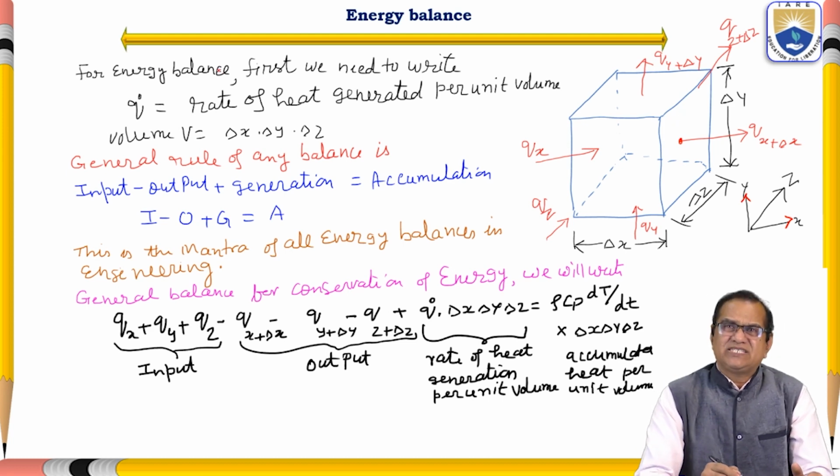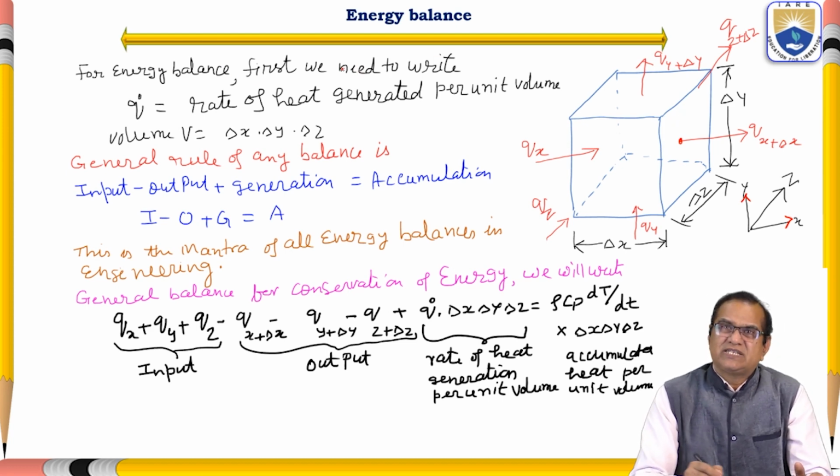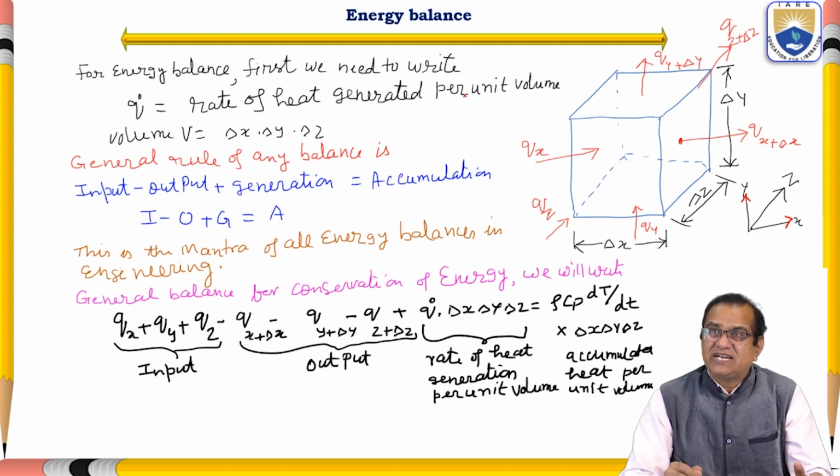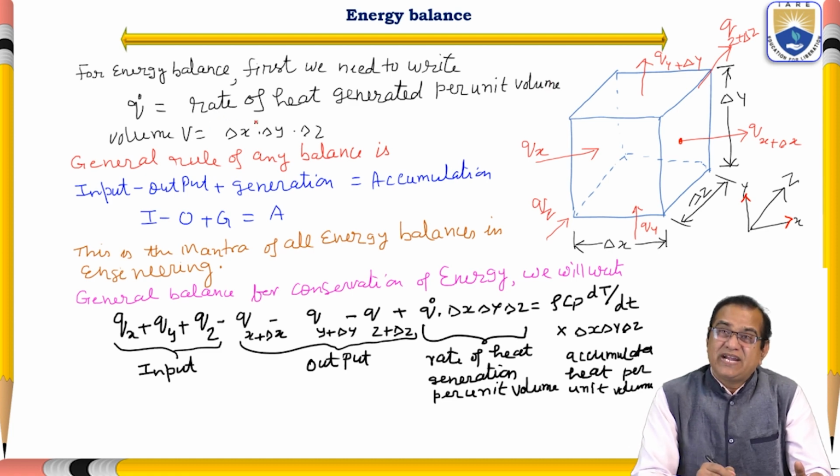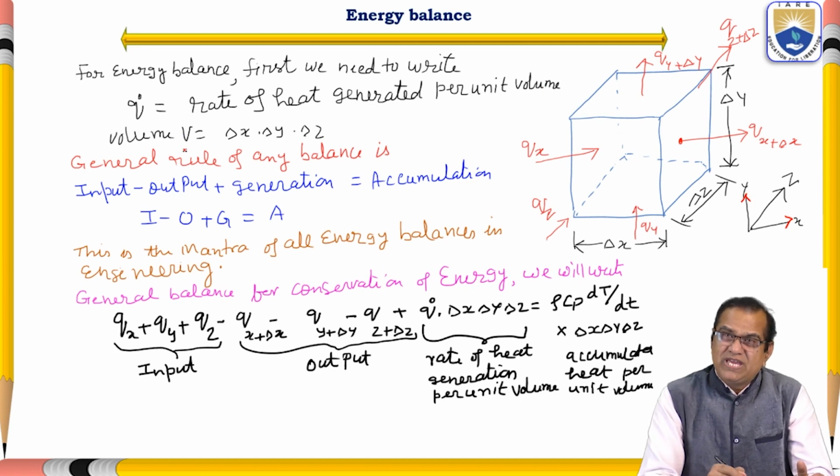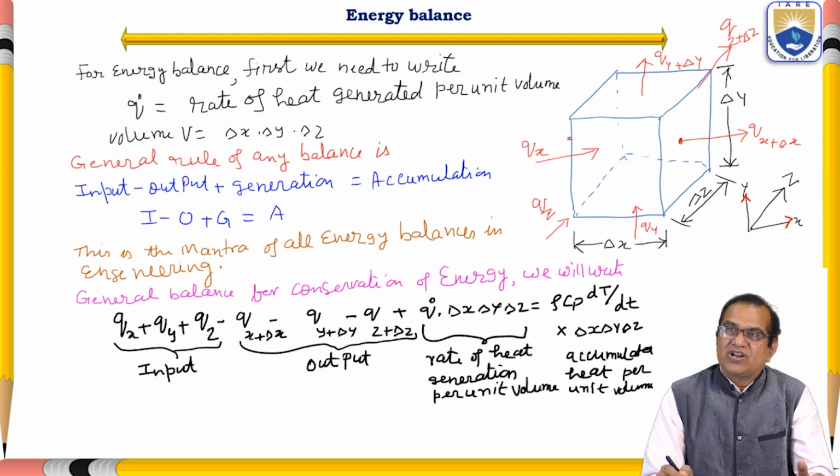For any energy balance, first we need to write that Q dot is the rate of heat generated per unit volume, and volume V is equal to delta X into delta Y into delta Z for this element.